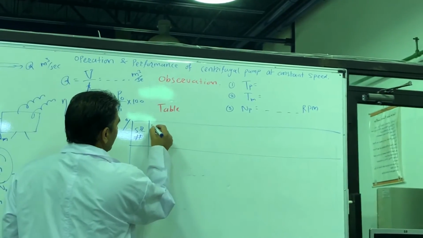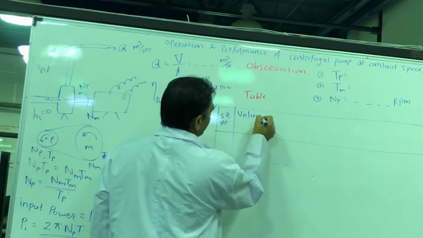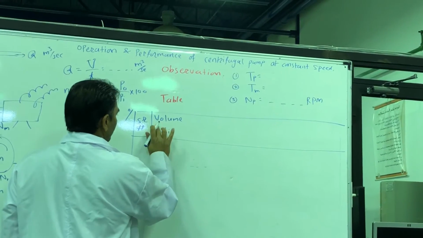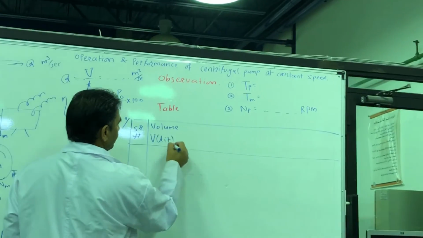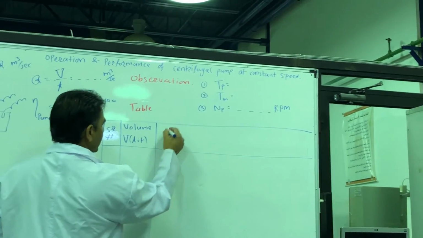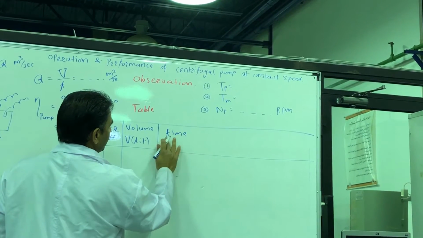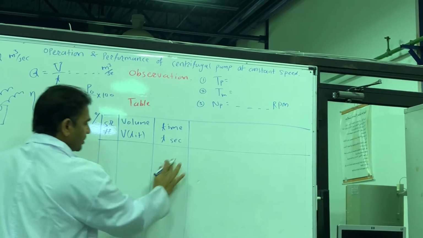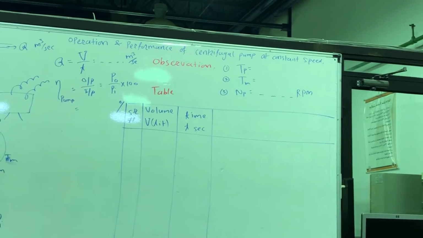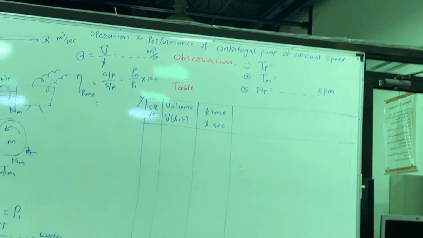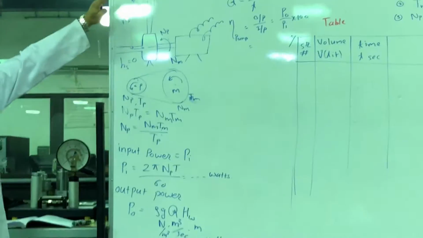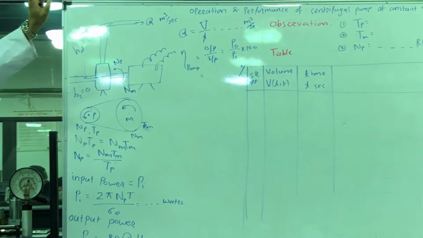So I will write volume V in liter. Then I will measure the time for that, time in second. This is observation. Next, NP, which I calculated. First time on constant speed, so constant speed I found.